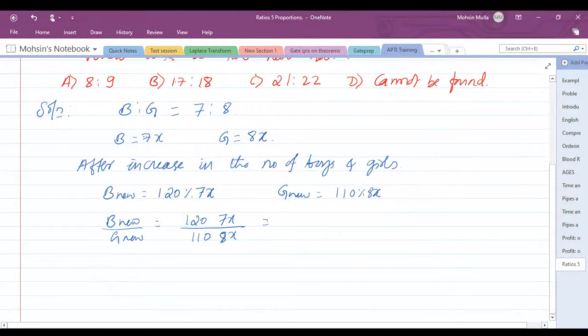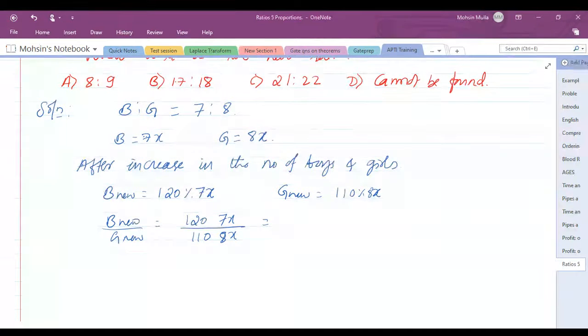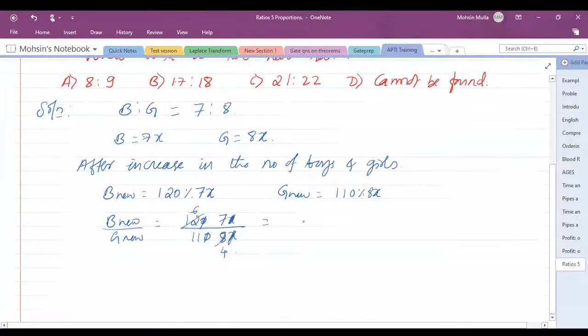Fine. So you can simplify here. The x will get cancelled from both sides, and the 10 will also get cancelled. The numerator 12 times 7 and the denominator 11 times 8 can be divided by 2 on both sides. So the numerator will be 42 and the denominator will be 44.